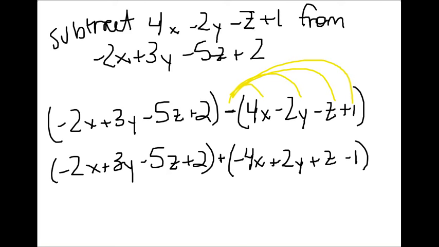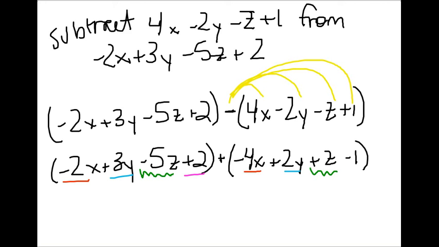I turned my subtraction into addition by distributing my negative sign. So now I'm going to just do what I've been doing. I'm going to underline my like terms in different colors. Perhaps what you're doing, since you don't have different colors, is you're going to use different style of lines.